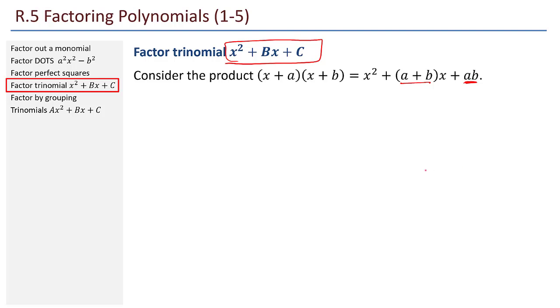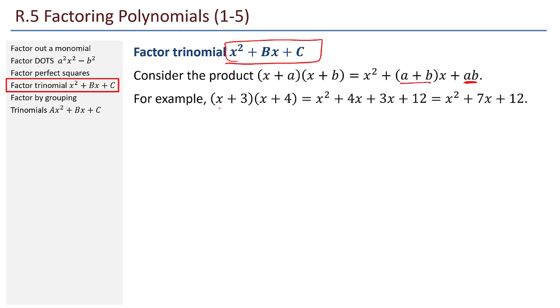Here's an example. Let's say I multiply x plus 3 times x plus 4. By FOIL, the first is x squared, the outside gives me 4x, the inside gives me 3x, and the last makes 12. When I add the 3x plus the 4x, I get 7x.